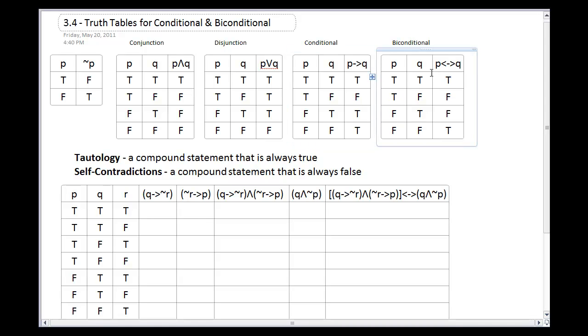It's the same logic that tells me how the biconditional truth table is going to go. If this is true, this is true, if P, then Q, because remember the biconditional first has an arrow going to the right. You can ignore this part right here and just focus in on this part of the biconditional for a second. Well, true, true tells me this is going to be true.